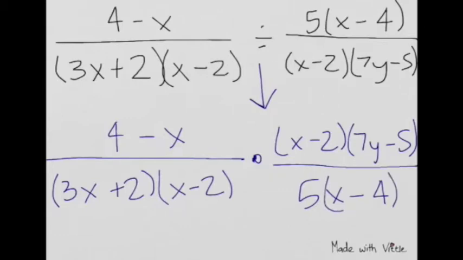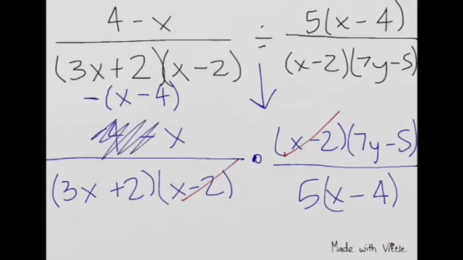Now we're going to get rid of common terms. So our first one that we can see is x minus 2 and x minus 2. Now when it comes to 4 minus x and x minus 4, there's a little trick you can do. 4 minus x and x minus 4 will cross each other out, but first you have to make sure that you change it to x minus 4 and make sure it's negative.